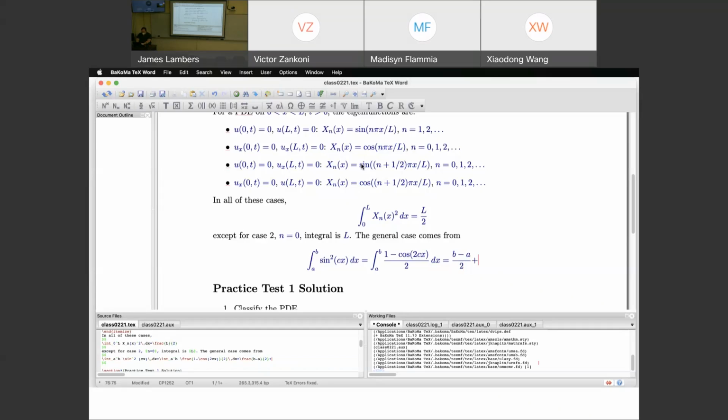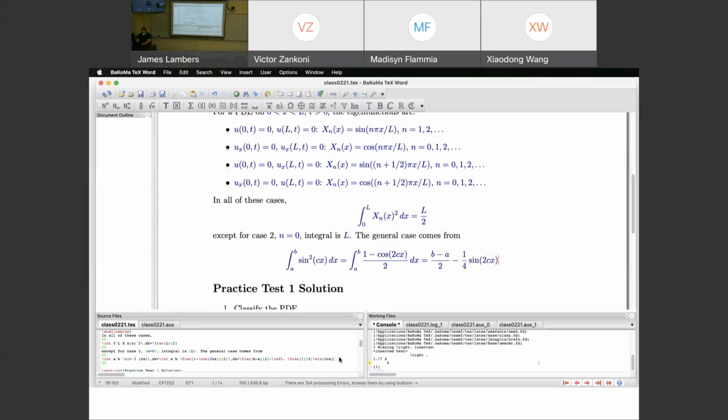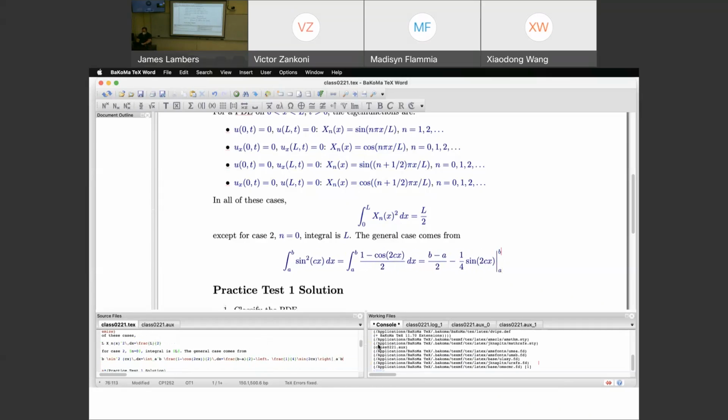Alright, so work out the rest of the integral for sine. And that gets evaluated from a to b.